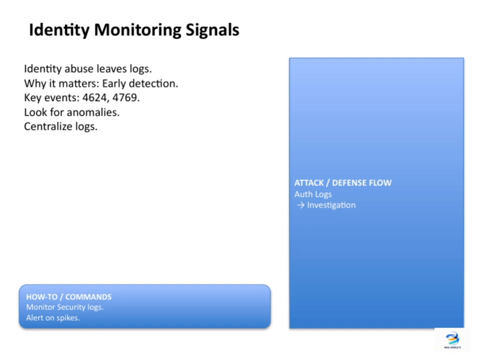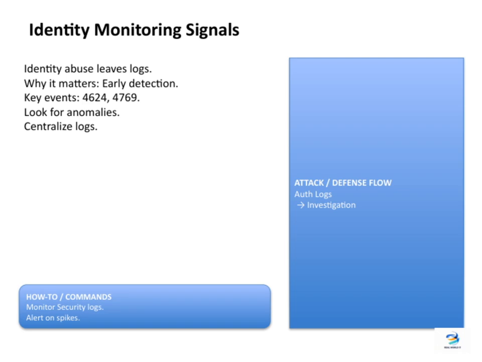Key events to watch for include event IDs 4624 and 4769, which are critical indicators of authentication processes and potential anomalies. It's also important to look for any irregular patterns or anomalies in these logs that could suggest malicious activity.